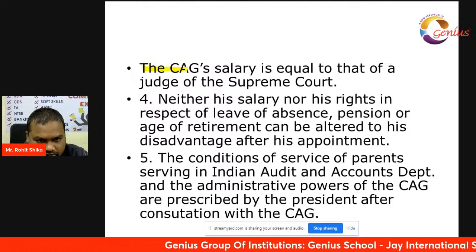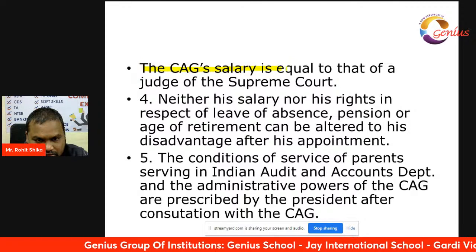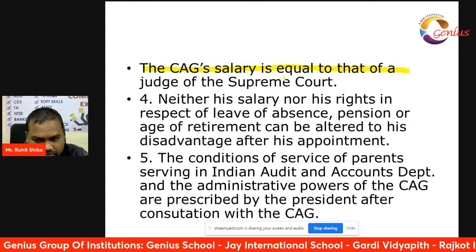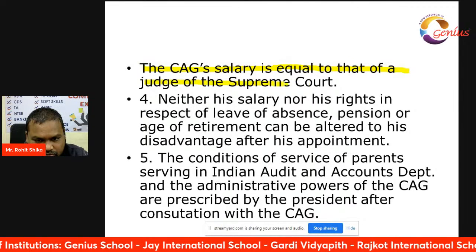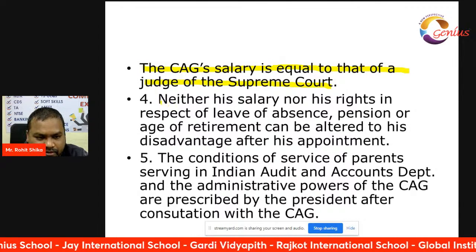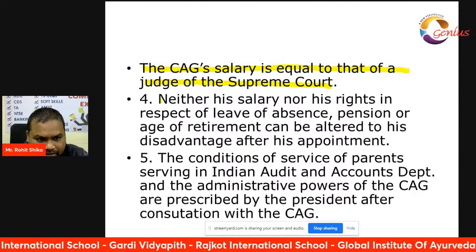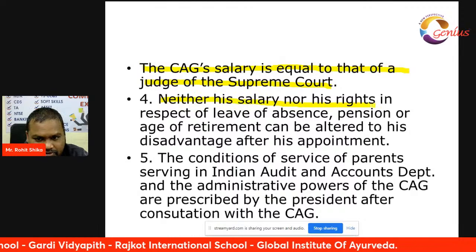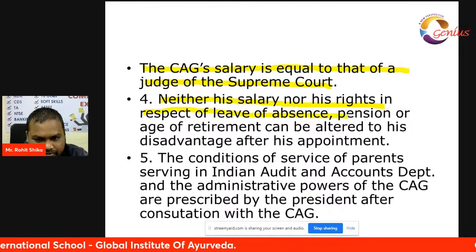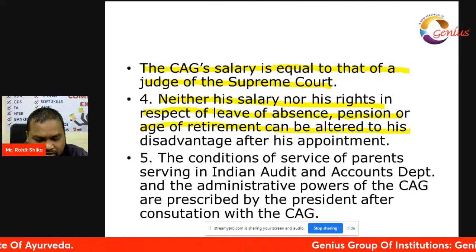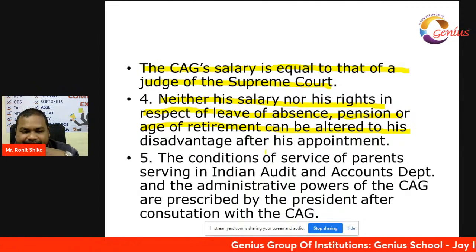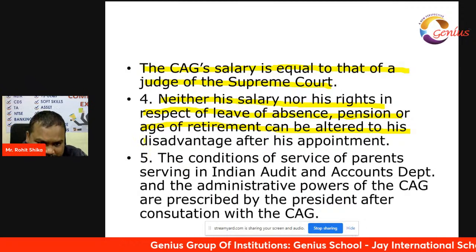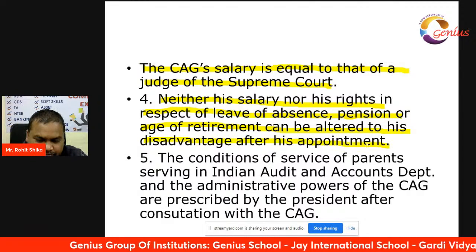The Comptroller and Auditor General's salary is equal to that of a judge of the Supreme Court. Neither his salary nor his rights in respect of leave of absence, pension, or age of retirement can be altered to his disadvantage after his appointment.